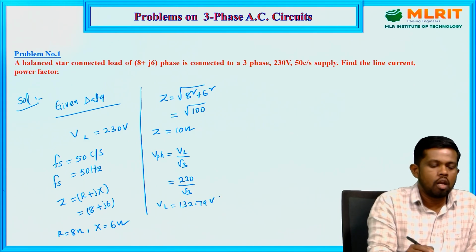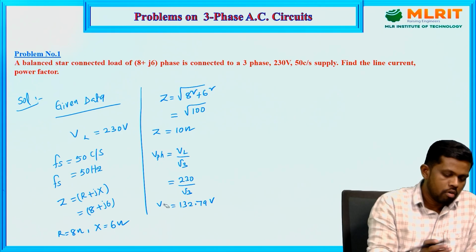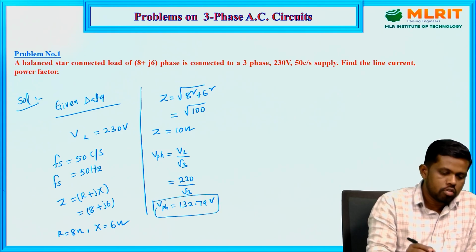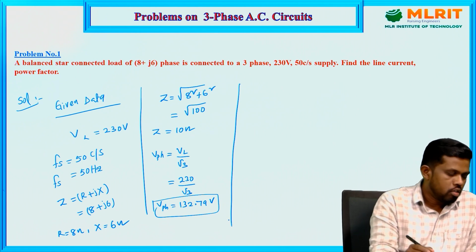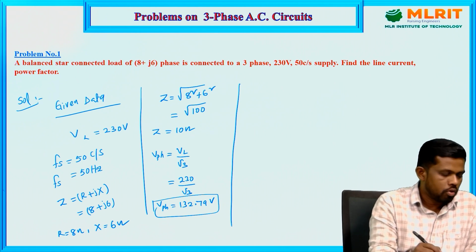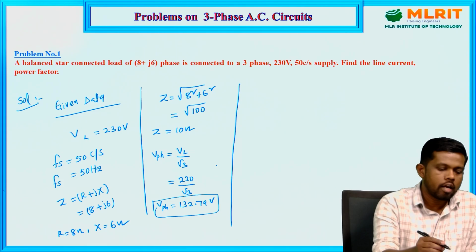So V phase equals 132.79 volts. But it is not our aim to get the phase voltage; we need to get the line current value.